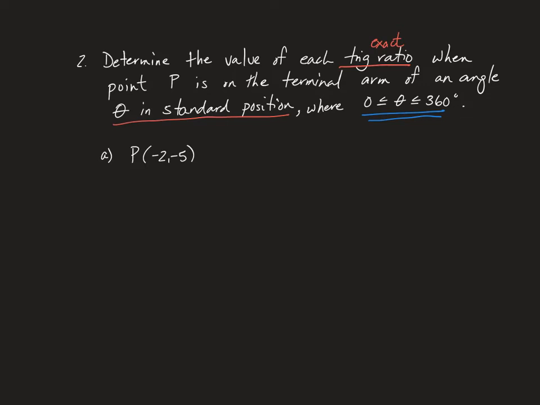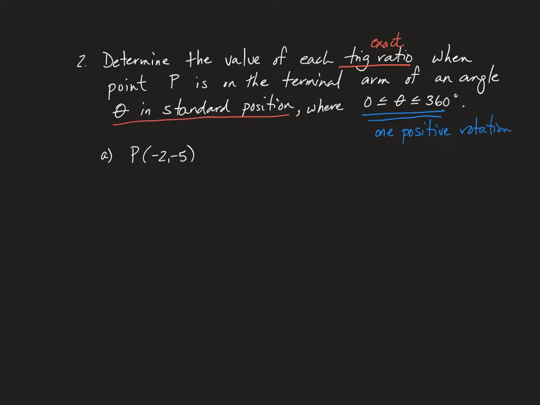What that restriction states right there is one positive rotation. So if we can get to the point where we start to read that restriction not as theta is greater than or equal to 0 and less than or equal to 360, but instead translate it to the blue statement, one positive rotation, then I think that's going to give us some greater context.